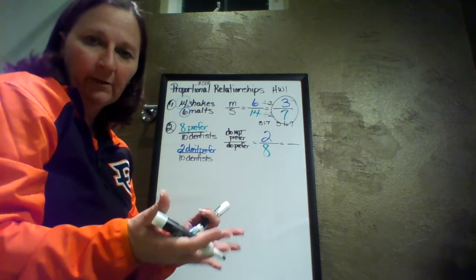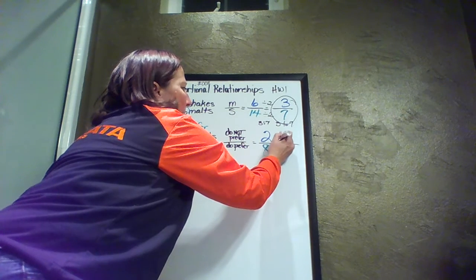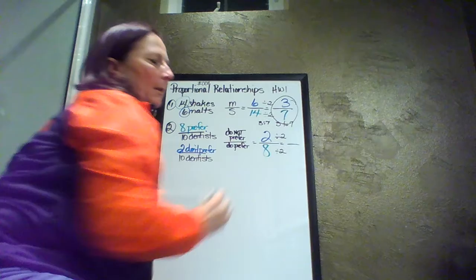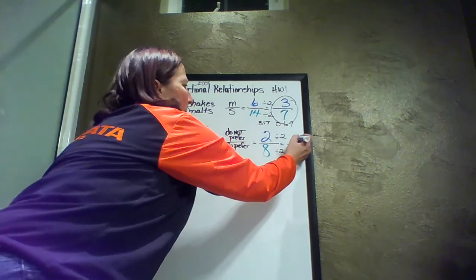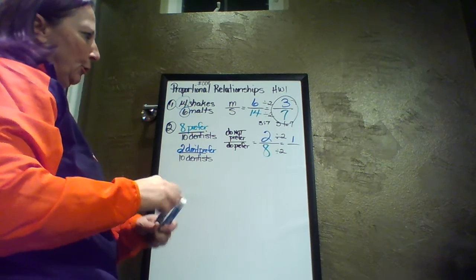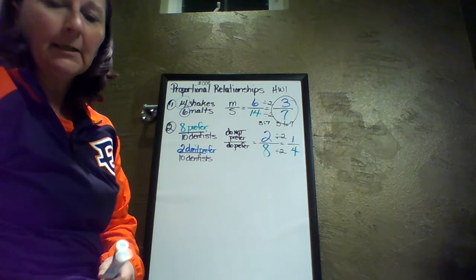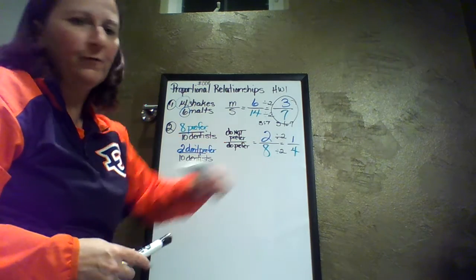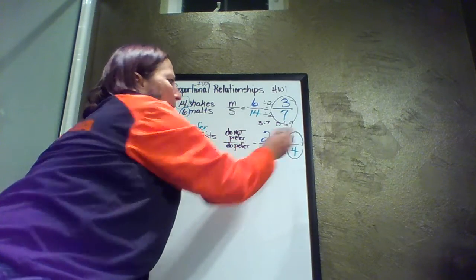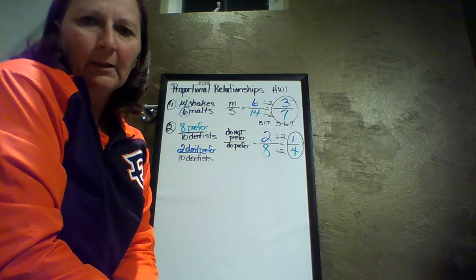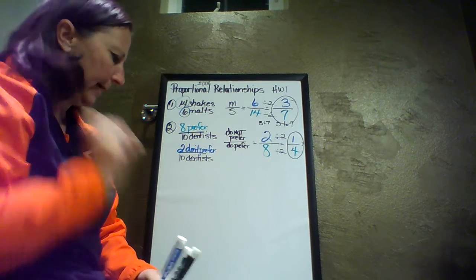Those are both even numbers. So again, we know that we can divide that one by 2 and that one by 2 as well, leaving us with 1, 4. 1 to 4 is my final answer. I'm going to put a loop around it. Okay? Those are important things to take a look at.